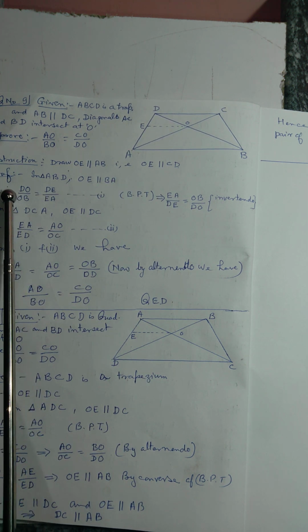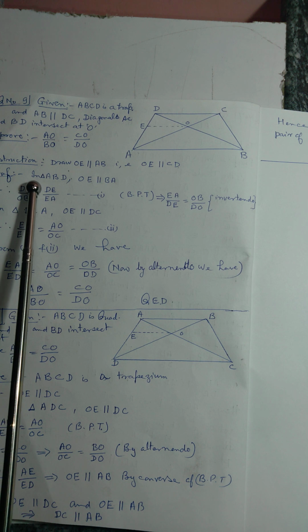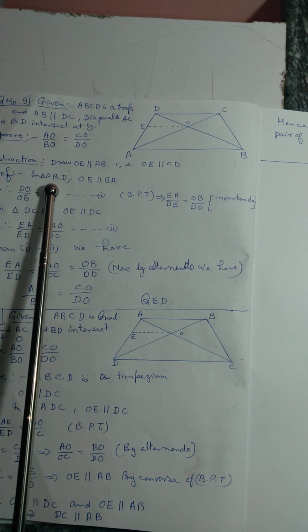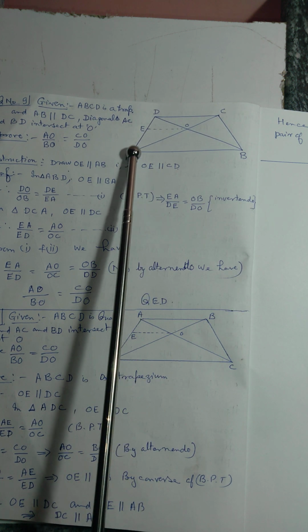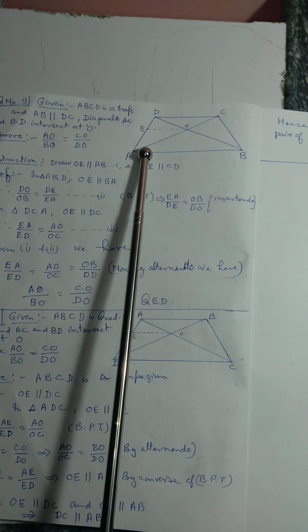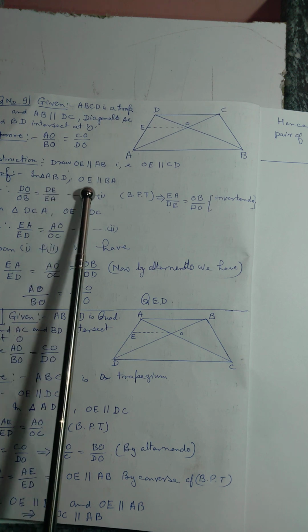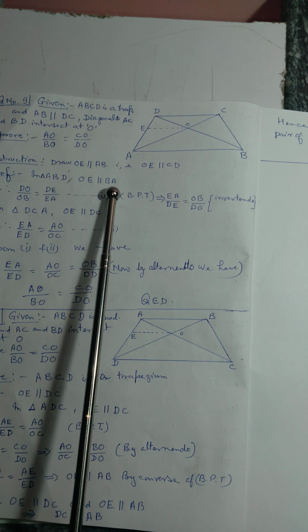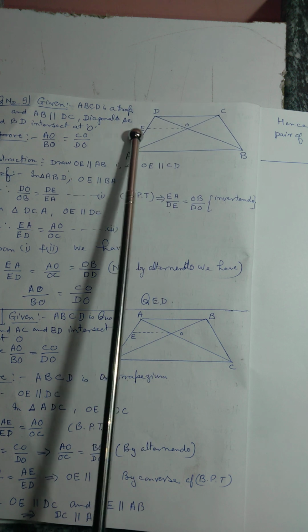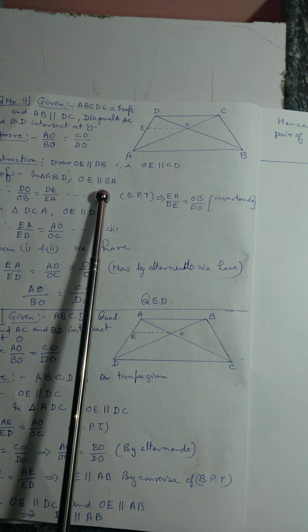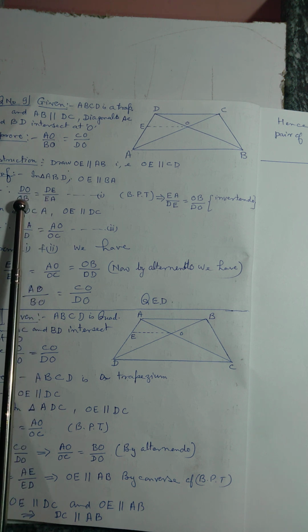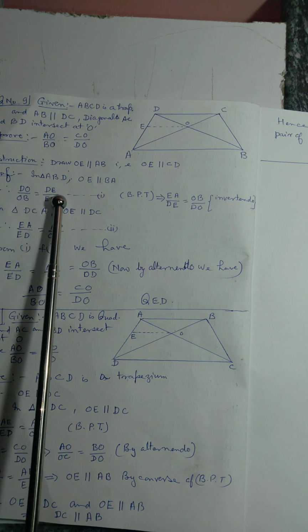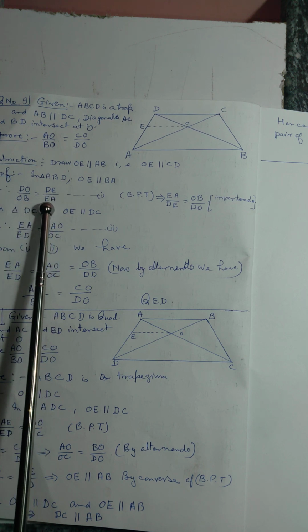Now, prove in triangle ABD. In triangle ABD, OE is parallel to BA, and therefore DO upon OB will be equal to DE upon EA.